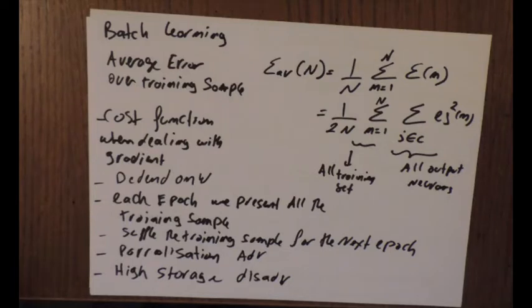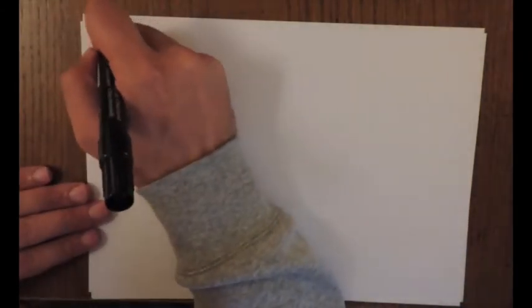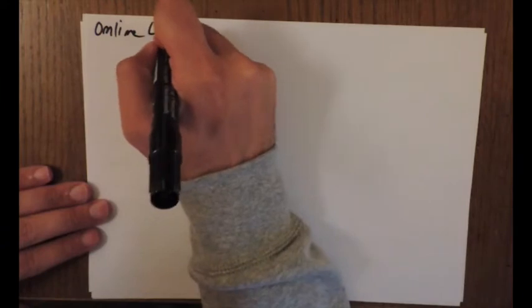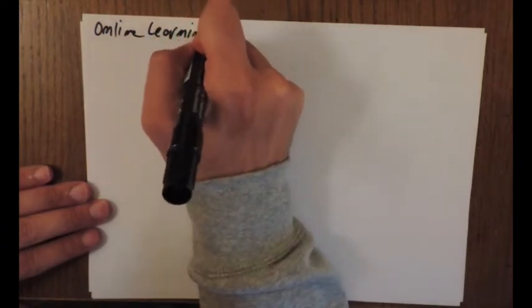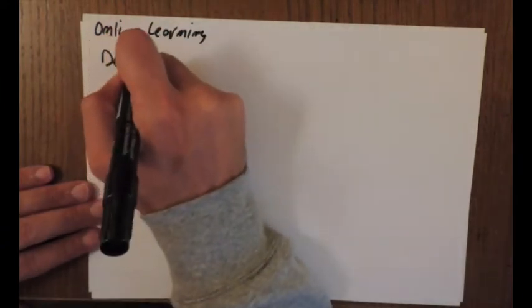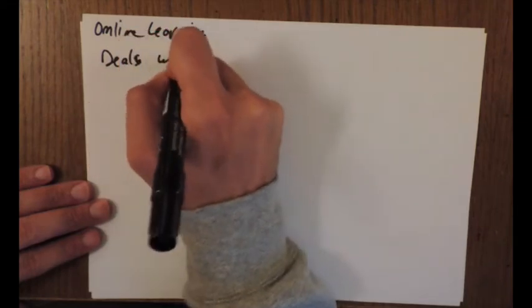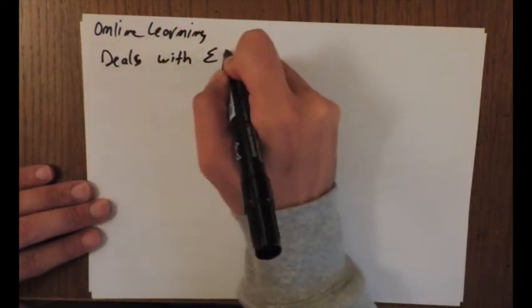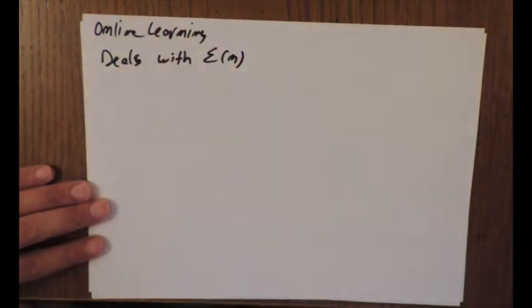Now, if we switch gears to online learning, which we're going to discuss thoroughly in this lecture, it deals with the instantaneous error E of n.